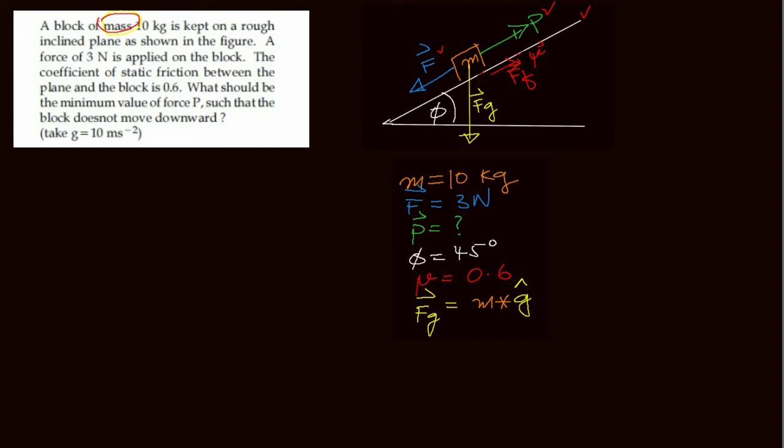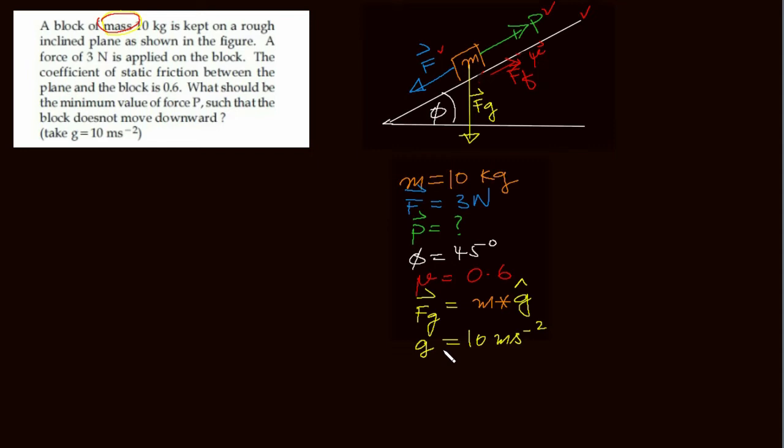This is what we need to know, very important. Phi is 45 degrees, mu is 0.6, and force of gravity is mass multiplied with g, and let me write g is 10 meters per second square.